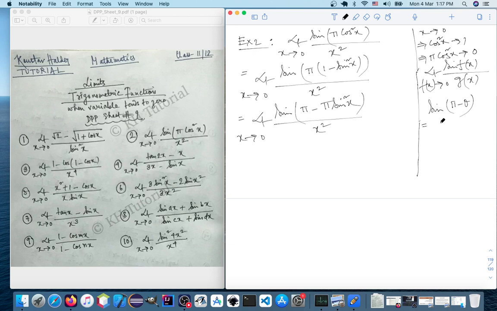Okay. Sine of pi minus theta is... I have to check. Where is trigonometry?